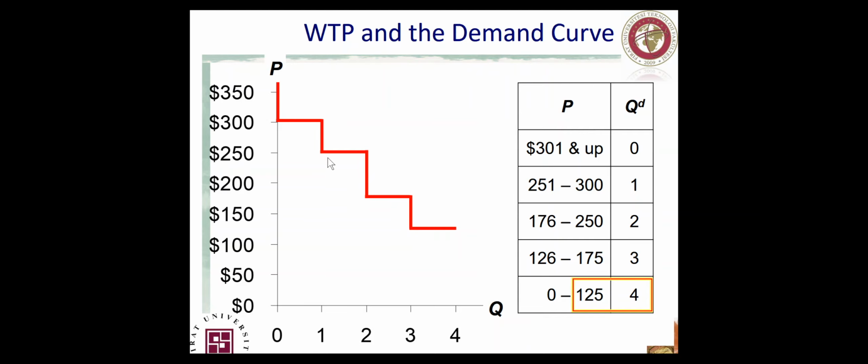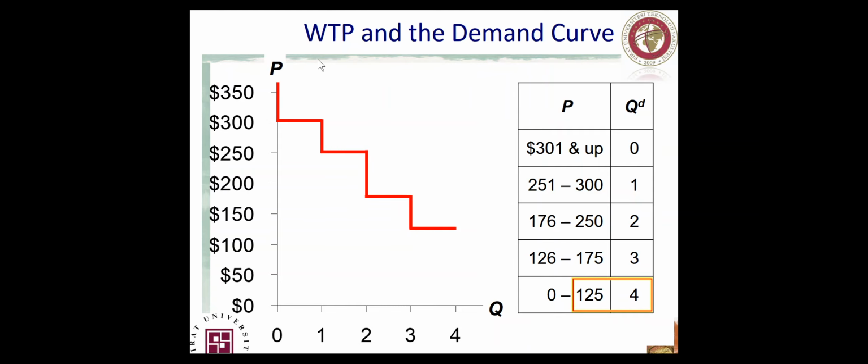If the price drops to 175, we will have 3. At 125, we will have 4. Then we have a straight line, because even if the price drops further, we have the same 4, as this is the quantity demanded. Even at 0, we have only 4 units demanded, no more. This is just theoretical, because at price 0 everybody would request.